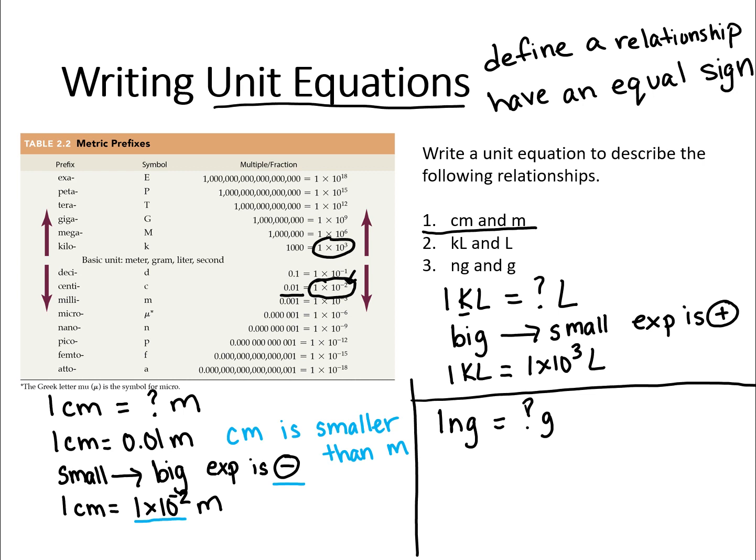Yep, exactly. So we've got our basic unit in the middle. Anything that is above the basic unit with the prefixes is going to be bigger than the basic unit. Anything below is going to be smaller.